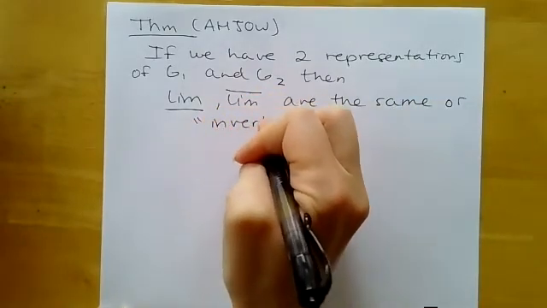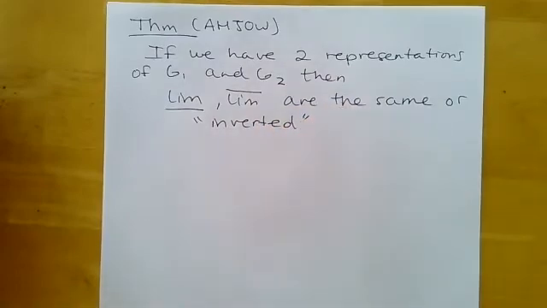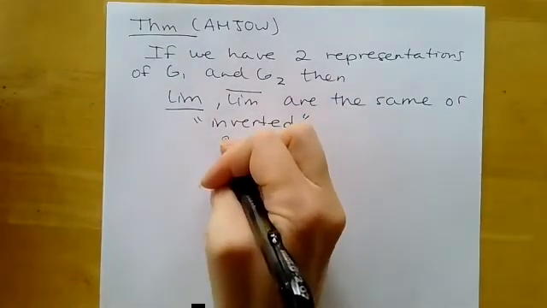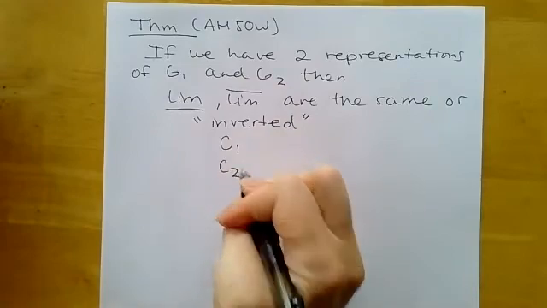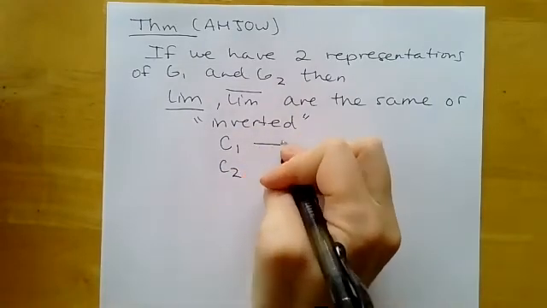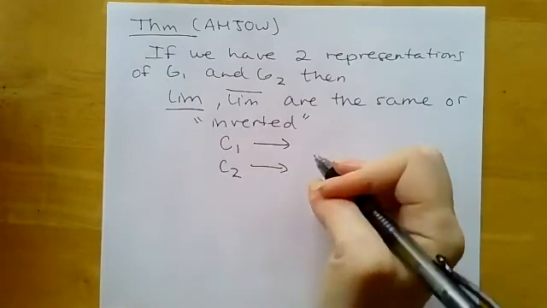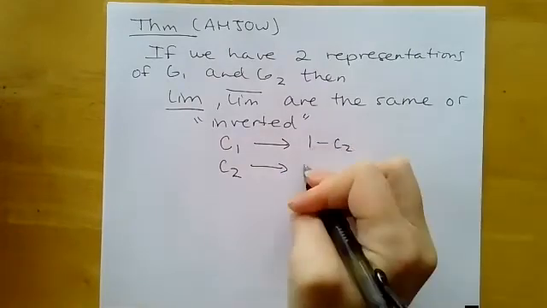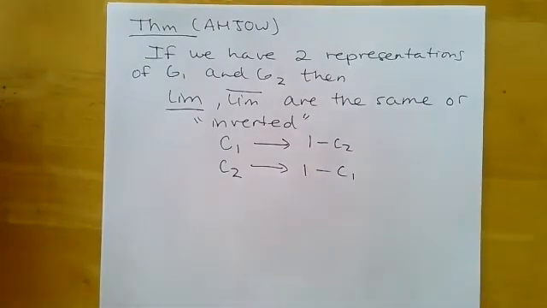So there's only 2 possibilities for the lim inf and lim sup. So you either get constants C1 and C2, or choosing different representations, you get constants 1 minus C2 and 1 minus C1. These are the only options.